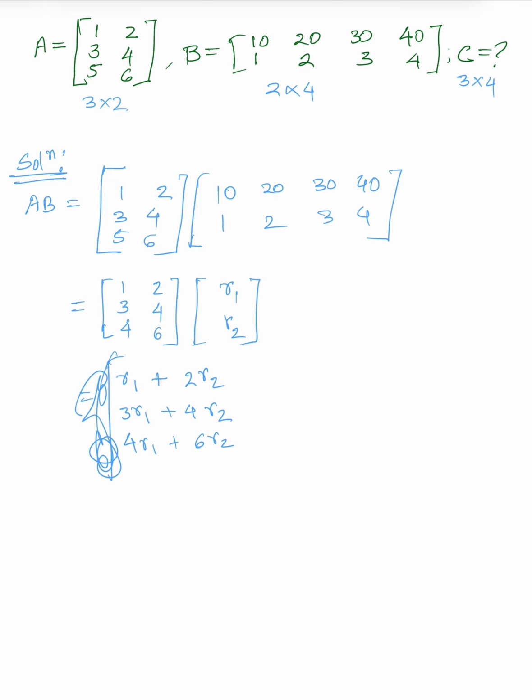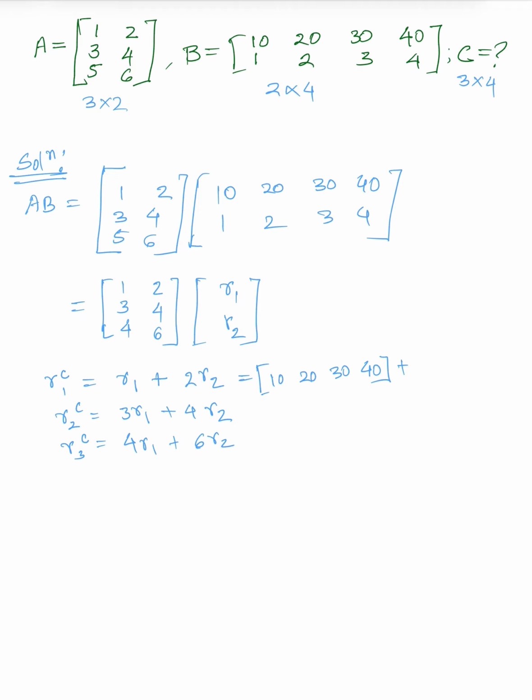So this is going to be our C1, our C2, our C3. And our R1 is this whole thing, which is 10, 20, 30, 40.